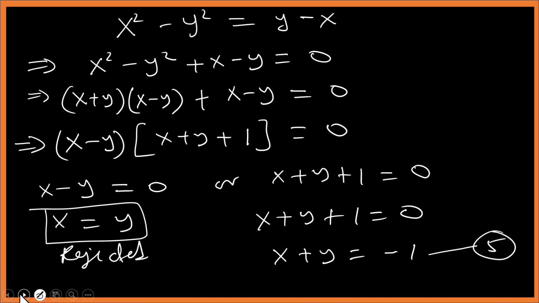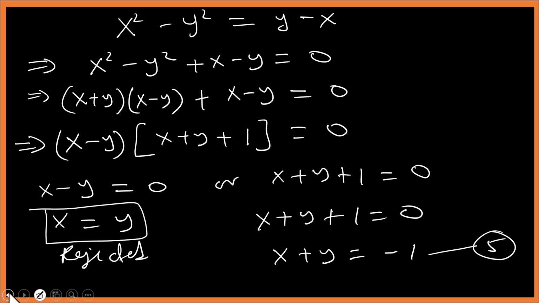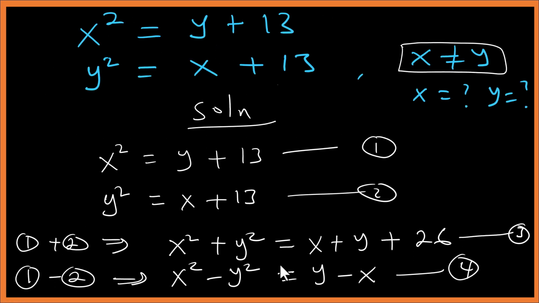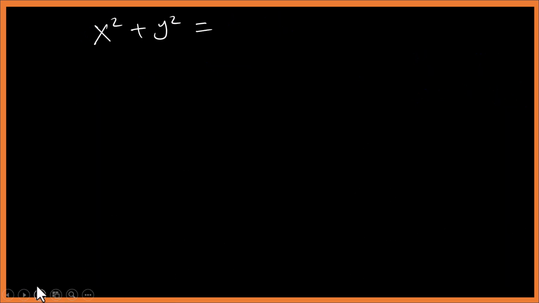From equation 3, x squared plus y squared equals x plus y plus 26.